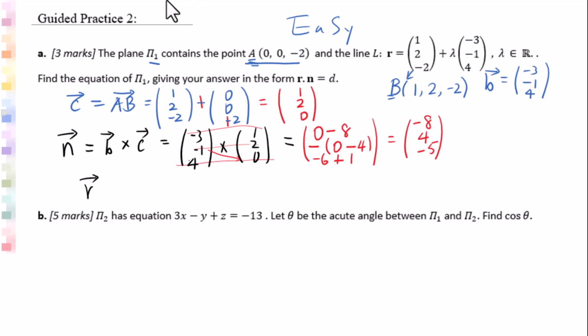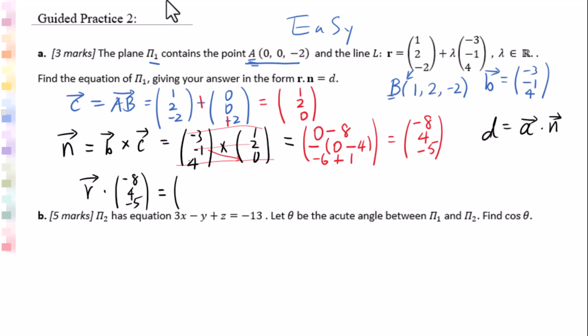So the equation of pi 1 is r dot normal vector negative 8, 4, negative 5 equals d. We know d equals vector A dot normal vector n. Vector A is the position vector.